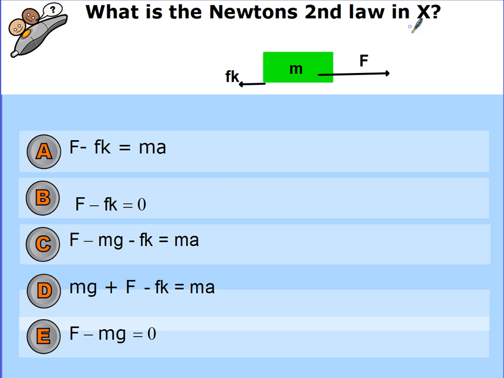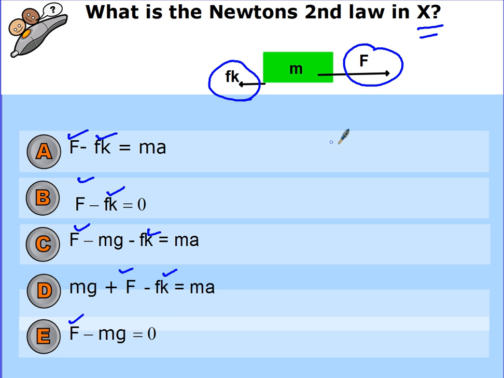What is Newton's second law in x here? F is positive, so it could be one of these. And we're going to subtract off Fk. I'm subtracting off Fk, so I know it's not E. Now you see how F is much longer than Fk?